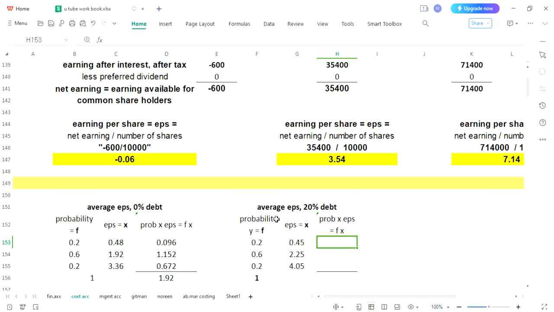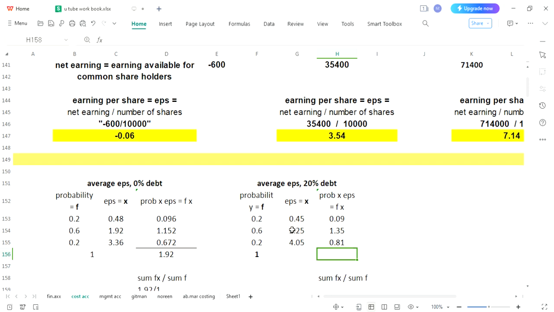Probability 0.2 would be multiplied by EPS, and you will multiply it with x. First fx has been calculated. Now for the second, probability and second x would be multiplied. We have got 1.35, and for the third, probability 0.2 x 4.05, we have got our third fx.